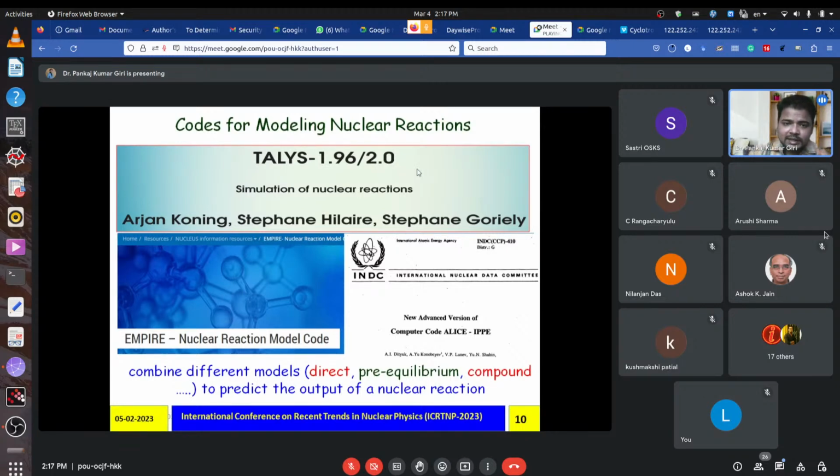Because TALYS, EMPIRE and ALICE are not directly codes, but platforms where we apply our particular model, or these platforms give us the choice to select the particular model which we want to club with or add, and then eventually do our calculation to find out the result. These platforms incorporate the models for direct nuclear reaction, pre-equilibrium nuclear reaction and compound nuclear reaction. So I'll be basically focusing today on TALYS.